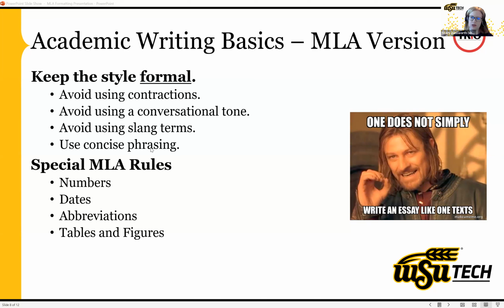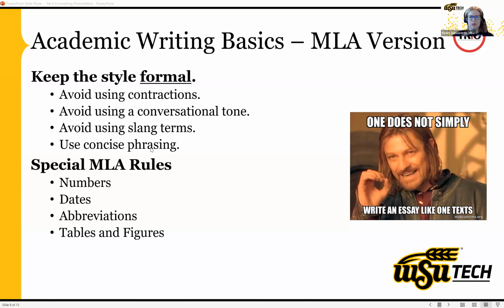We're using the third person. On occasion, and with special permission from your instructor, you may be able to use first person, which is I, me, my. For the most part though, and unless you get specific okays from your instructor to do that, just stick with third person.